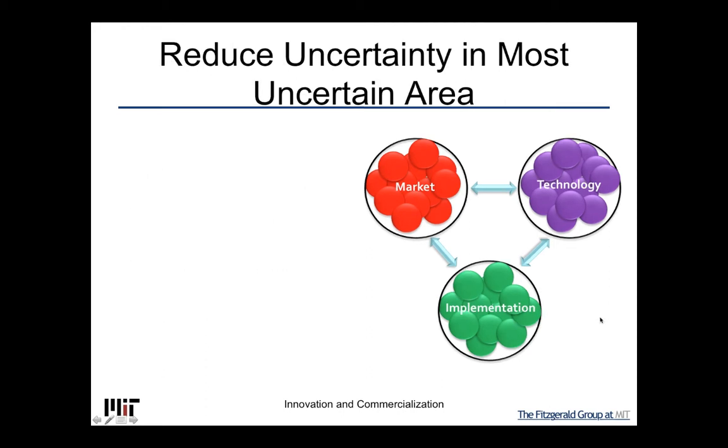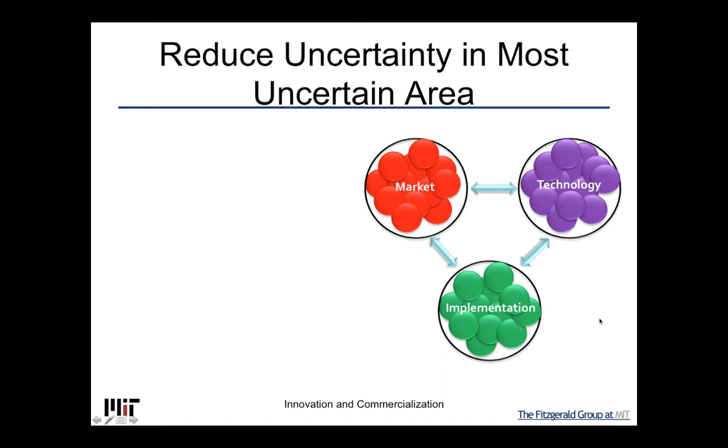So usually people start reducing the uncertainty. If you look at innovators, they head to the most uncertain area, at least if they're trying to really have impact. Sometimes people stick obviously to one element here, because that's where they want to spend all of their time, but of course that's at the peril of not really developing a real innovation.